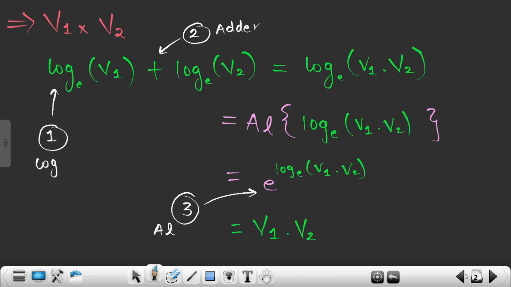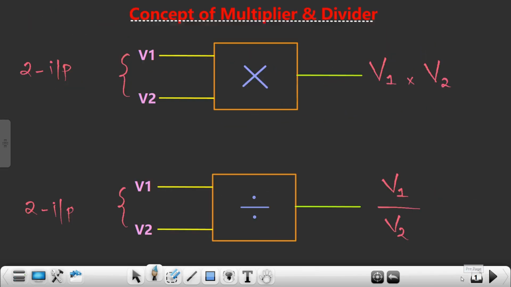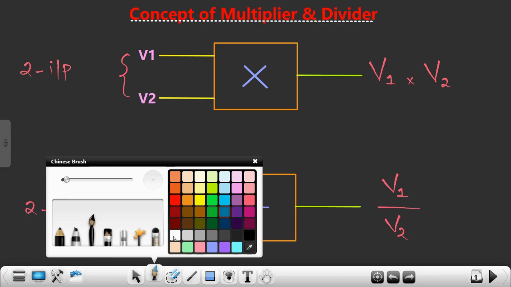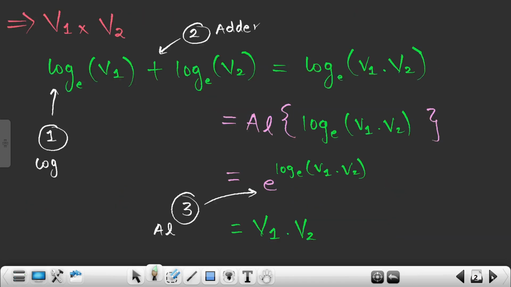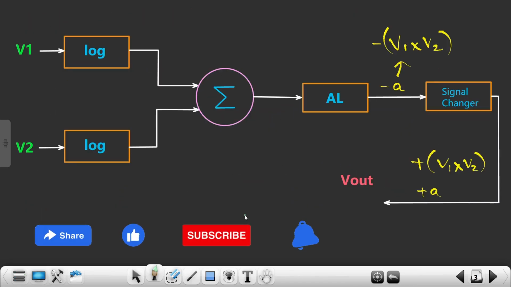So what I'll do, I'll just end this particular session over here, and in the next session we will focus upon the divider circuit. Okay, but it's my request to you, the divider circuit is almost 90% the same as the multiplier, but we just need to change one circuit over here. So it's my request to you all guys that you please try to design the divider block or the divider system using op-amp on your own.